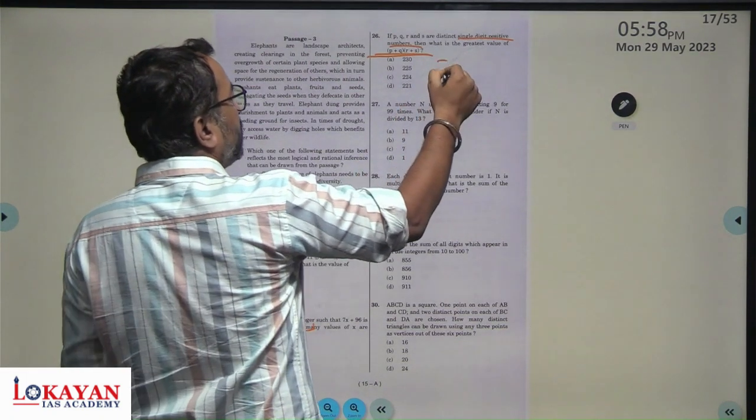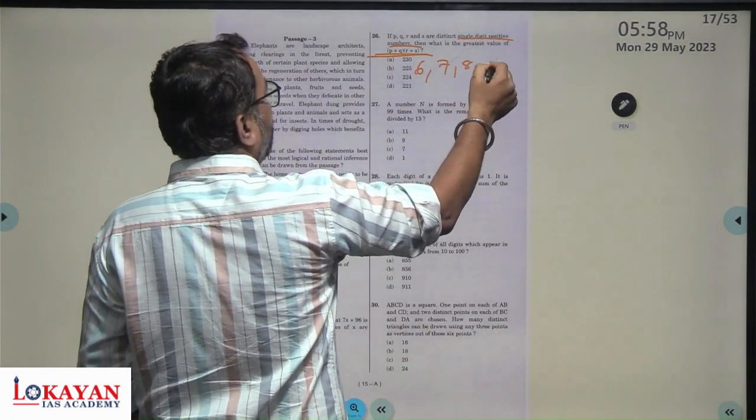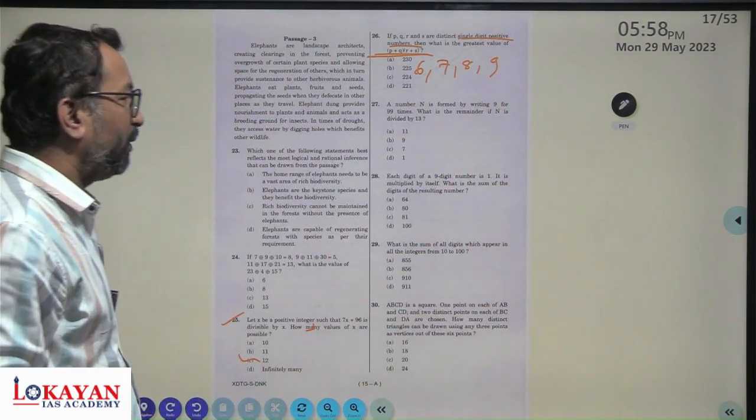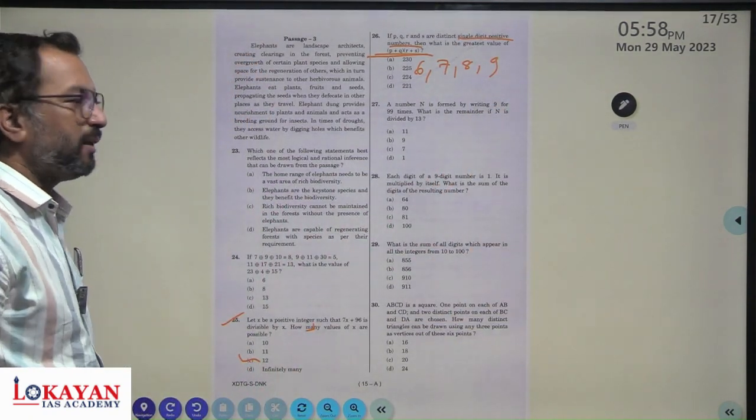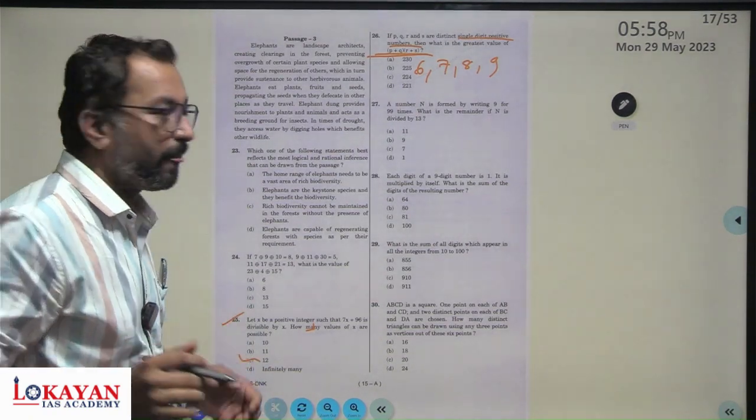So PQRS must be 6, 7, 8, 9, because smaller digits will give smaller multiplication.